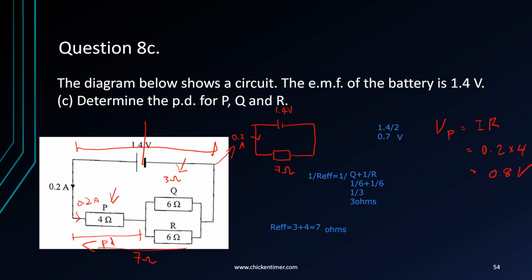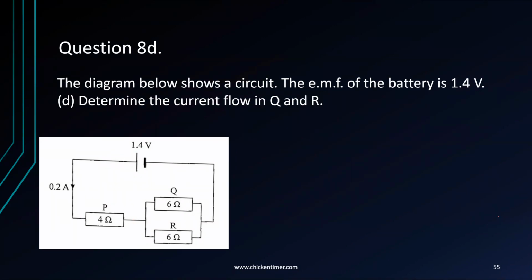So 0.2 comes into this branch and splits into 2. That means the PD is just 1.4 minus 0.8. So VQ equals VR because it's parallel, equals 1.4 minus 0.8, which is 0.6 here.